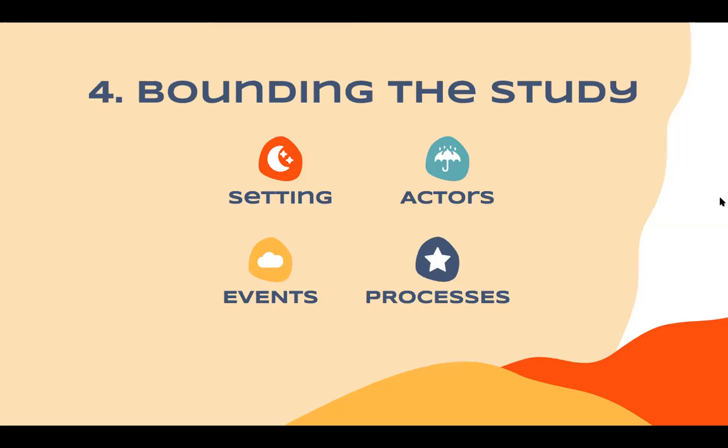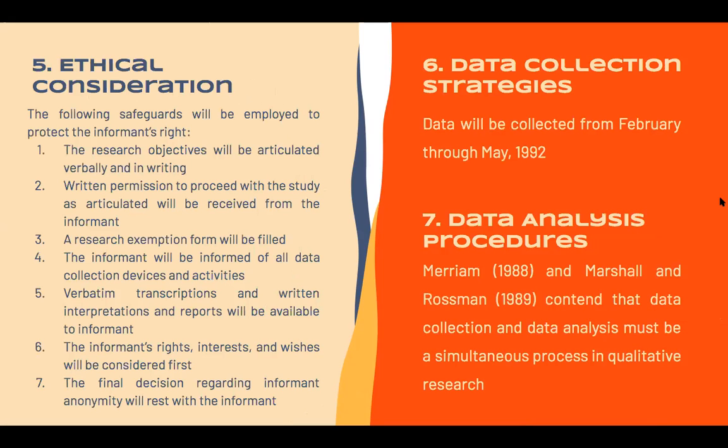So there are four bounds of the study, which are the setting, actors, events, and processes. Then the fifth one is ethical consideration. The following safeguards will be employed to protect the informant's rights. The researcher's objectives will be articulated verbally and in writing, written permission to proceed will be obtained, and a research exemption form will be filled.